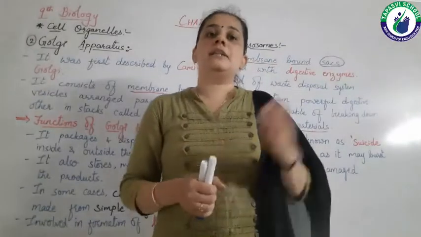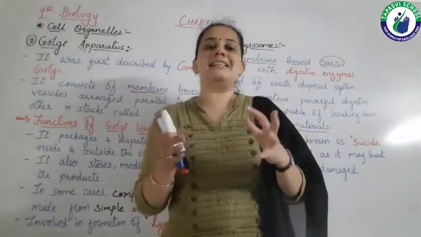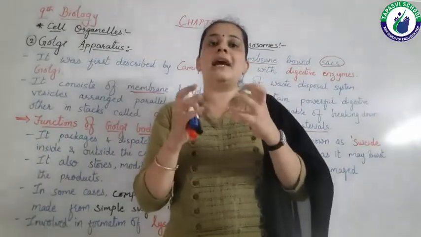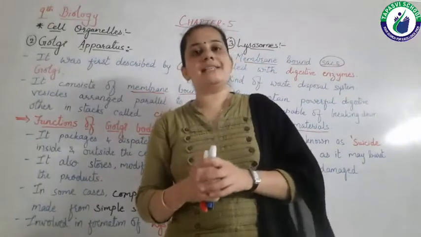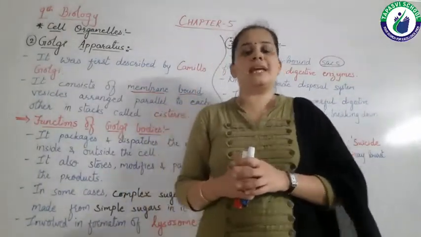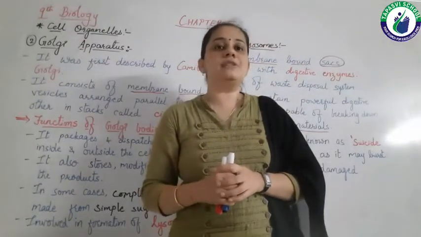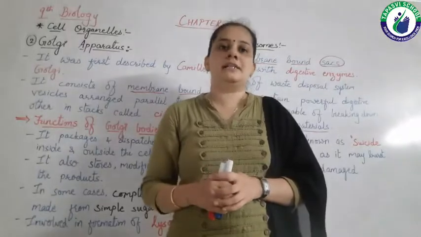Then the lysosome bursts, and as it bursts, the digestive enzymes digest the whole cell. So as the lysosome kills its own cell, it is known as the suicide bag of the cell.